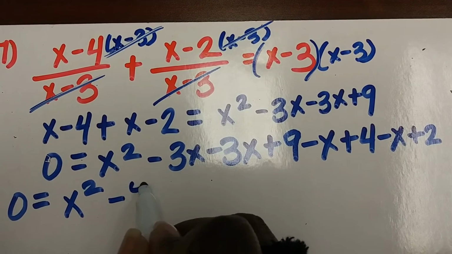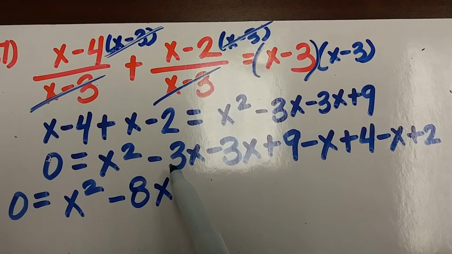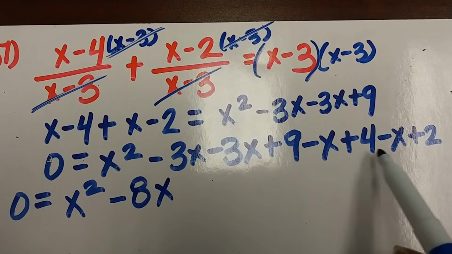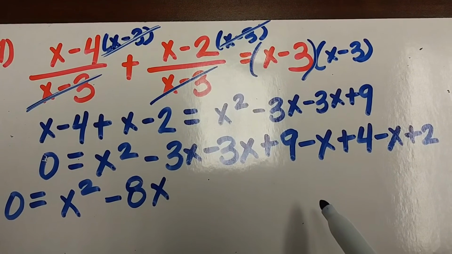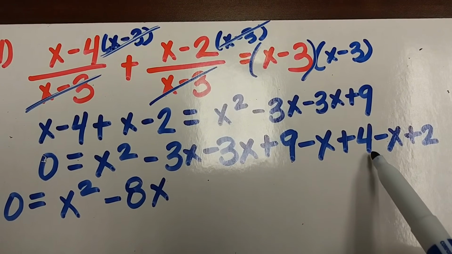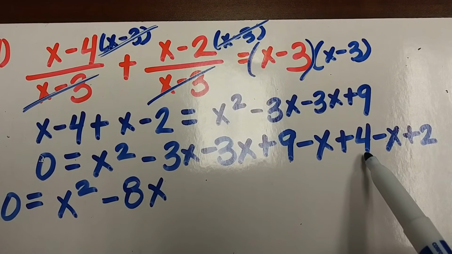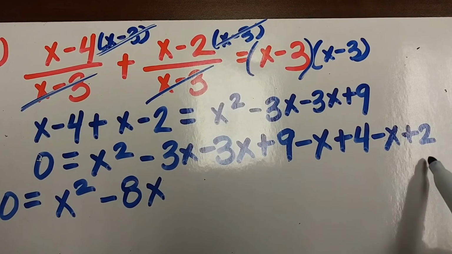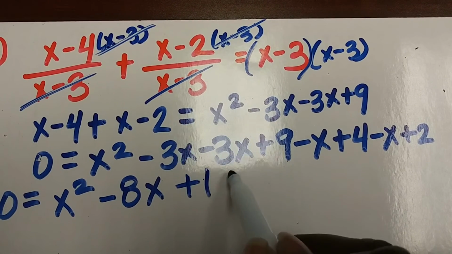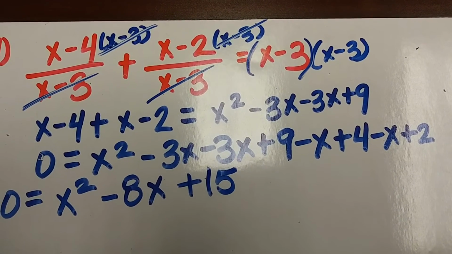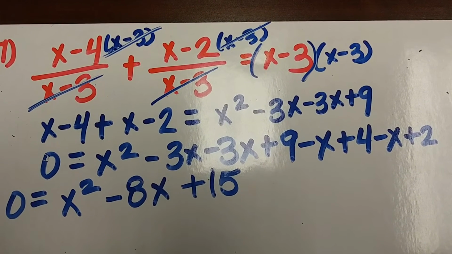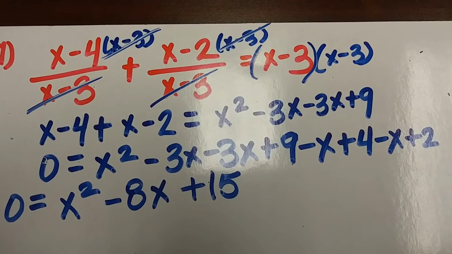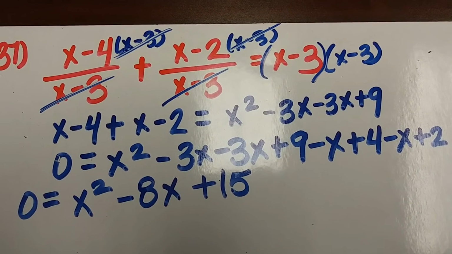So minus 8x. Constant terms, put them together. 9 plus 4 is 13. 13 plus 2 is positive 15. Okay? So make sure you look at that. Make sure you combine your like terms correctly. Type it in or calculate it. Use your mental math and calculate it.